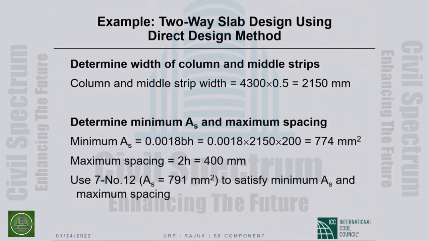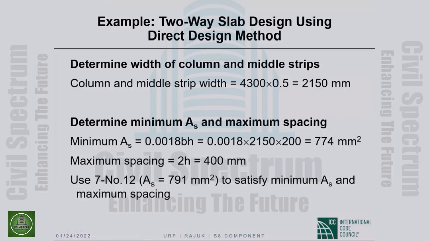Okay, what is our column strip width? We have 2 spans, 4300 and 5500. Shorter obviously is 4300. So column strip width is half of that, 2150, and the middle strip that is left over then is also 2150. I hope this is not a problem. It's totally unnecessary to go back.